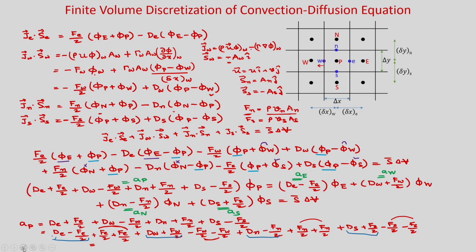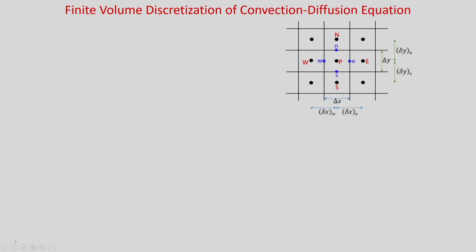So, we can write a e plus a w plus a n plus a s. So, these are the coefficients, and now these together will give you plus f e minus f w plus f n minus f s.